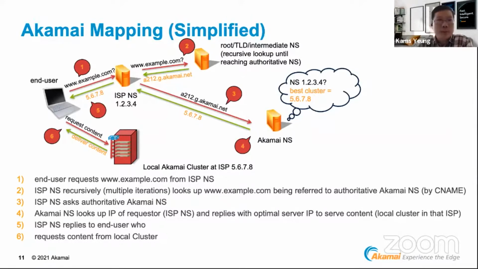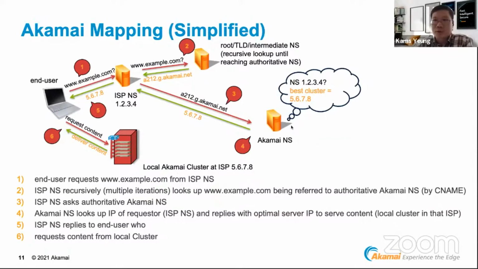So just to repeat again, because this is quite important. Number one is we don't map based on the end user IP. We map based on the ISP DNS, and the Akamai DNS is actually the one that hands the IP address to the ISP DNS.